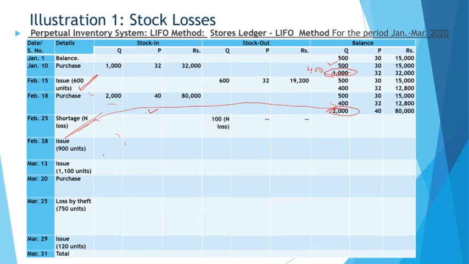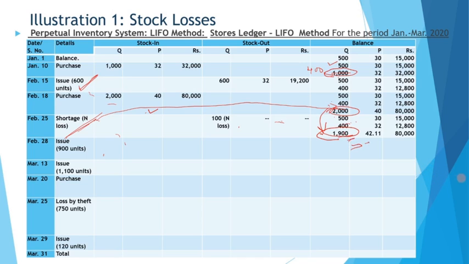So we'll write shortage, and these are not valued, so there is no price given. But when we record closing balance, you see in the latest lot, your quantity has reduced from 2000 to 1900 because of this normal loss, but the cost of the lot will remain same.